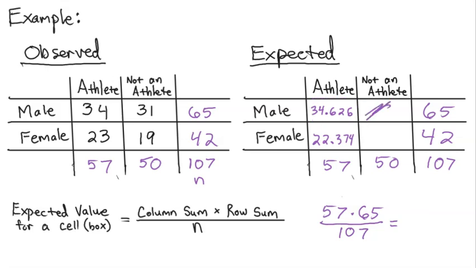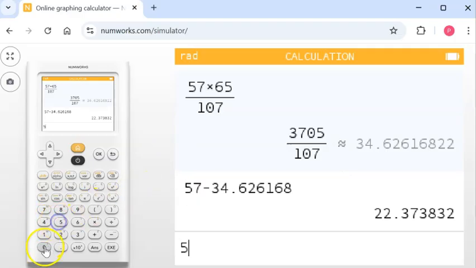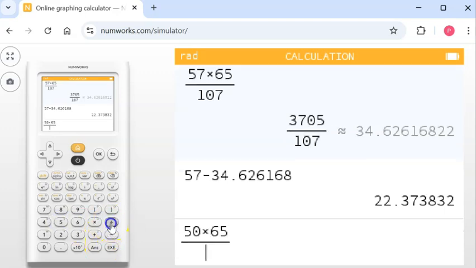But I actually want to do the calculation here so that you can see the example. So for here, we're going to do the column total, 50, times the row total, 65. So 50 times 65 divided by the sample size, 107.